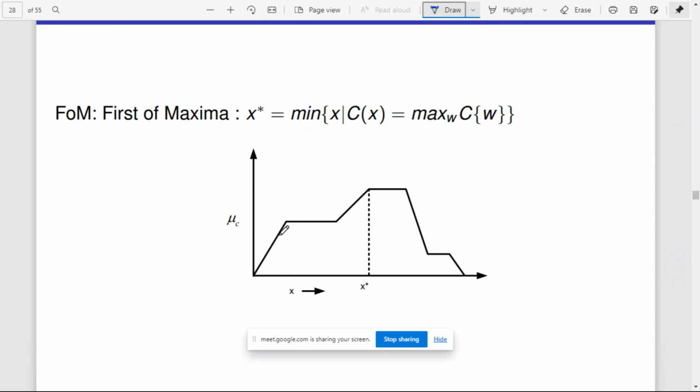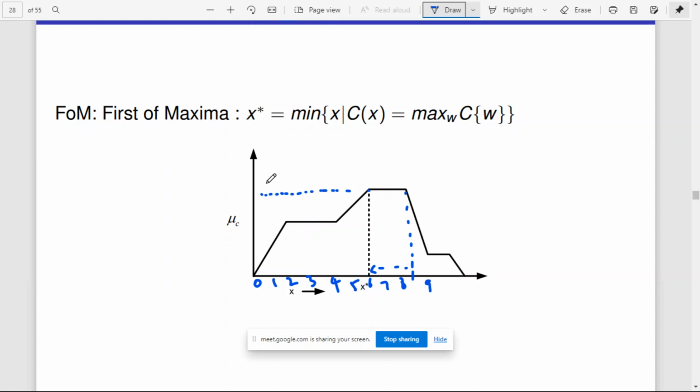Here a membership function is given like this, with different x values 0, 1, 2, 3, 4, 5, 6, 7, 8, 9. For any value of x between 6 to 8, you are getting the highest membership value.